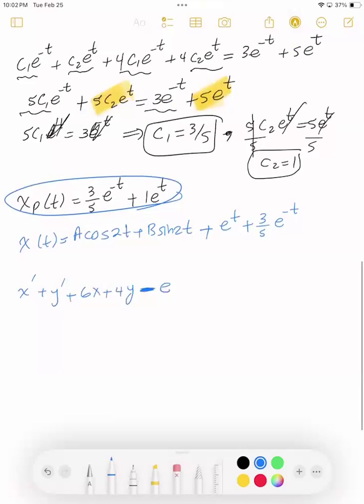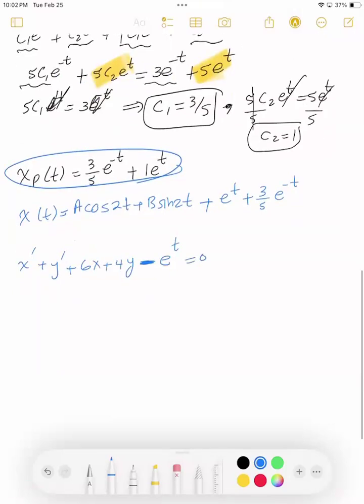So I move everything to one side, set it equal to 0. Then, no, I should have done it differently. Let me just go back and get rid of that, get rid of these.